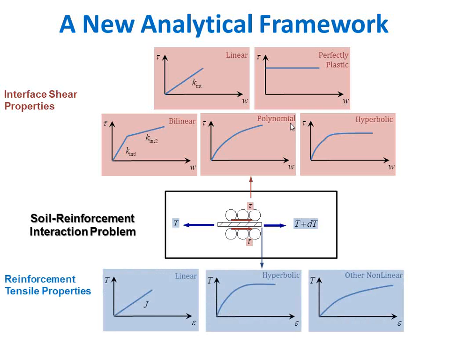It could be linear, nonlinear, different ways in which we can characterize it. And we tried many of these. We're going to come up with a differential equation. Depending on the constitutive models that we use for both the reinforcement and the interface, we can come up with complex differential equations that we can only solve numerically, or very simple differential equations.